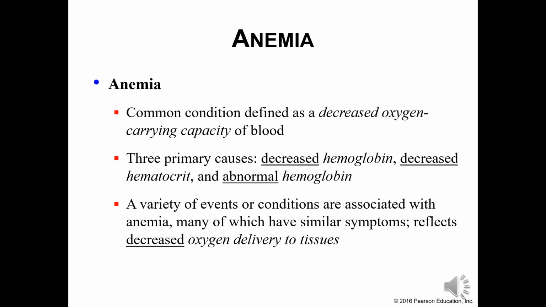Many of these have similar conditions and symptoms, and that reflects mainly the decreased oxygen delivery to the tissues. So anemia is kind of a constellation of conditions that occur because of one of these three etiologies: either decreased hemoglobin, a decreased hematocrit, or an abnormal hemoglobin. But the condition that applies to all of them, the main symptom, is basically decreased oxygen, and that usually causes the skin to appear bluish in color, or cyanotic.